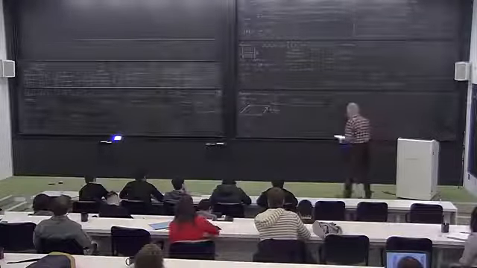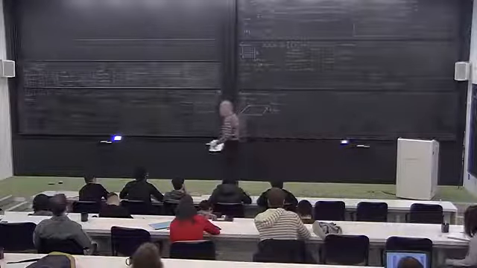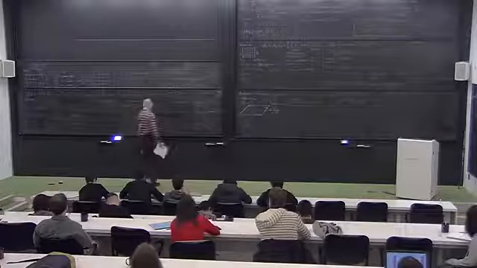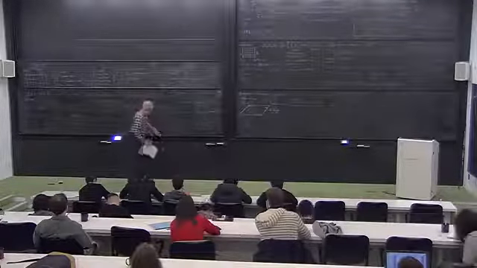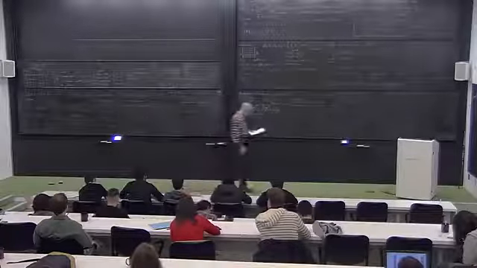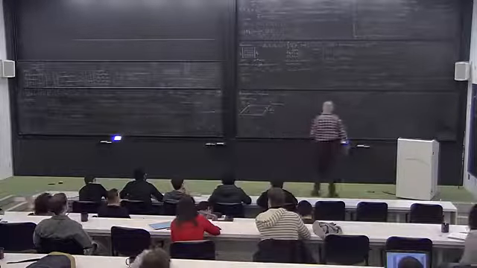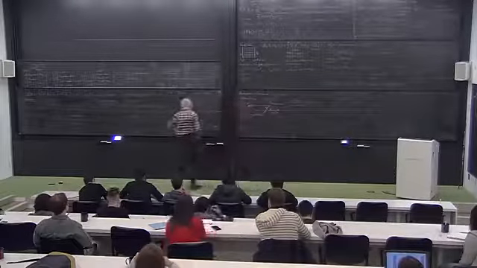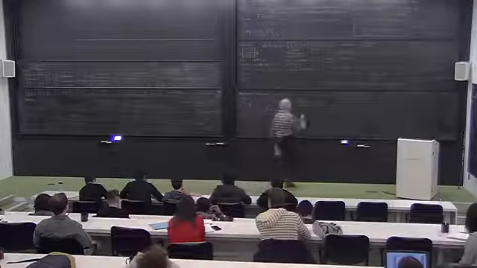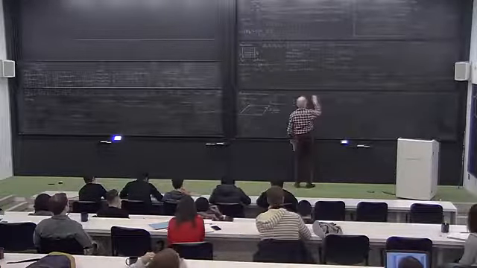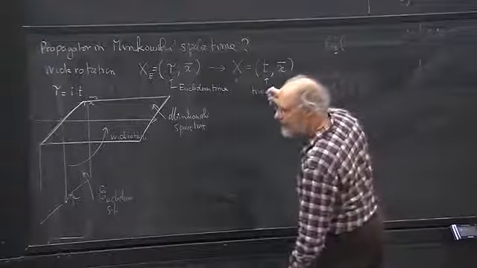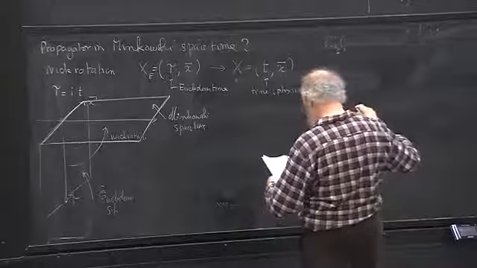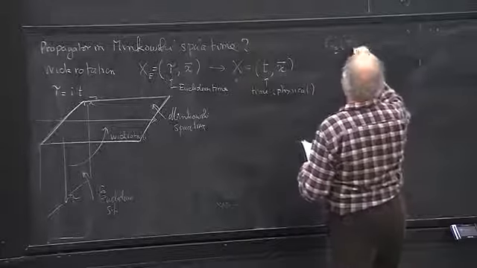So now, it's easy to see what we get. Let me start from this formula, G_E of x, and remember, x is tau and x.